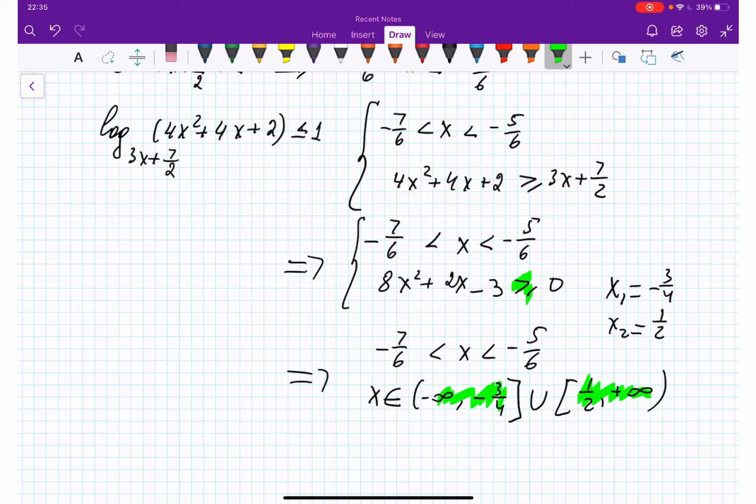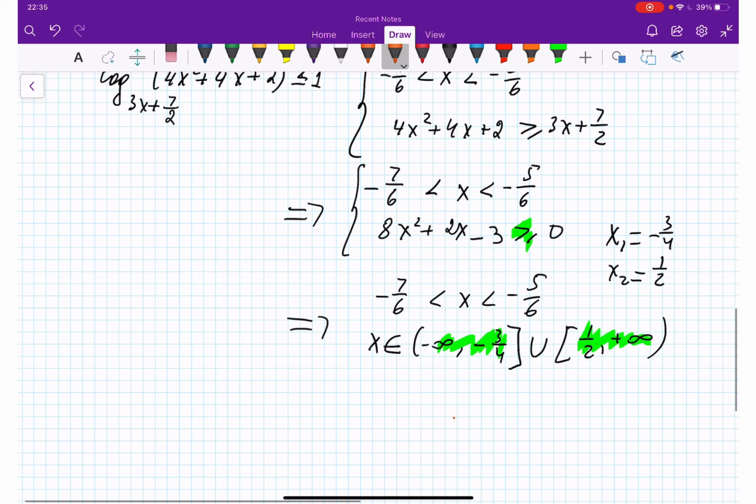How do we do this? You take a value less than negative 3/4 and see whether the result is greater or less, and then a value between negative 3/4 and 1/2. Let me explain. You have negative 3/4, and here is 1/2. You need to know if it's between these two or on these sides.